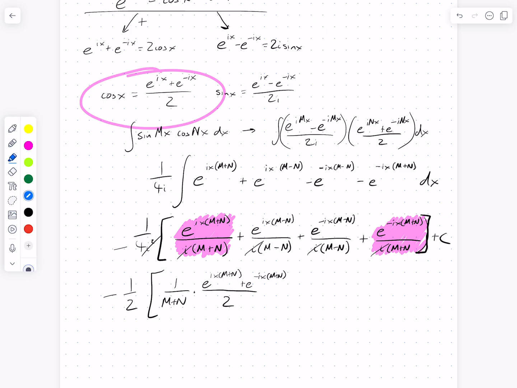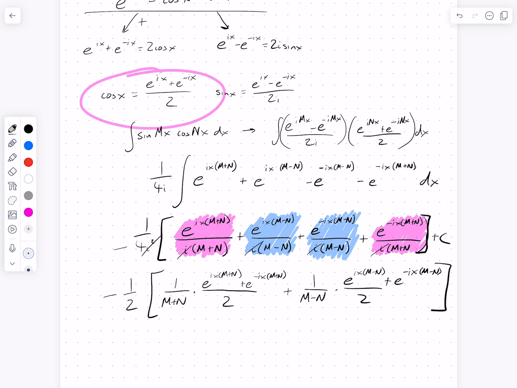And then in another color, this is another cosine here with the m minus n's. These two terms are both m minus n. So that 2 that I stole inside the parentheses, m minus n, can go in the denominator right there. e to the ix m minus n plus e to the negative ix m minus n, like that.